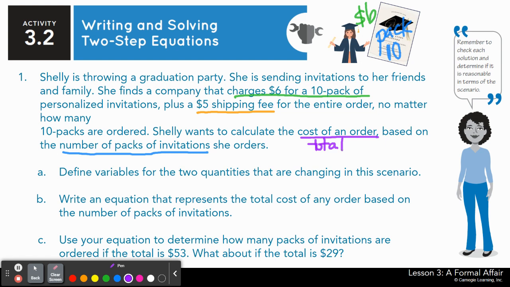And then 1C says use your equation to determine how many packs of invitations are ordered if the total is $53. What about if the total is $29?